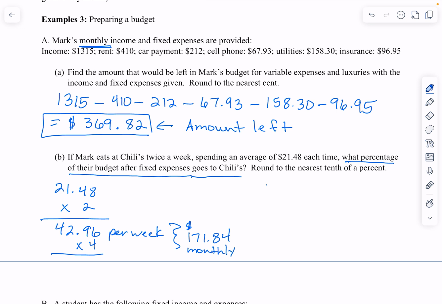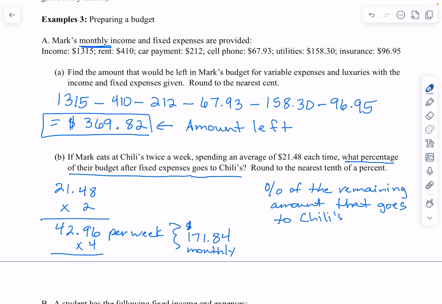Now we want to know the percentage of the remaining amount that goes to Chili's.